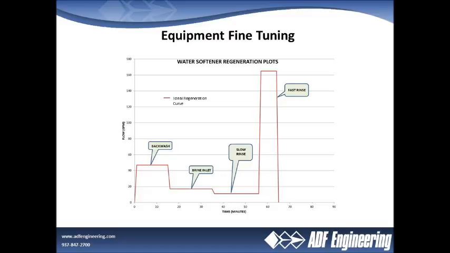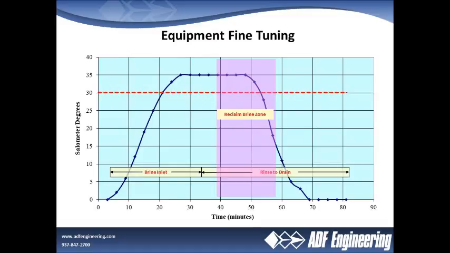You start by backwashing the softener, then you have a brine inlet step, then you have a slow rinse step where you displace the excess brine from the softeners, and then you have a fast rinse step where you displace the remaining brine and you compact the bed, and the softener is ready for the next cycle to put back into service. But a lot of places use a lot more water than they need to, because their cycles are not tweaked. So the first step is to make sure that the softeners are regenerating optimally.